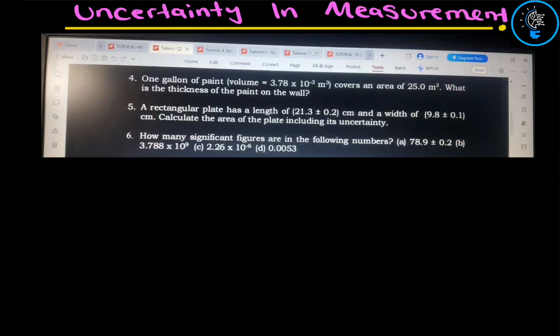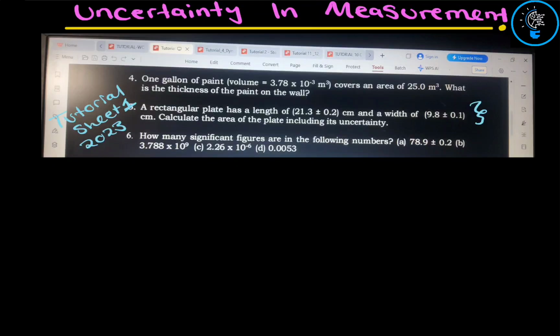Okay, let's answer our last question. So here's a question from tutorial sheet 1, 2022. We are going to answer question 5.